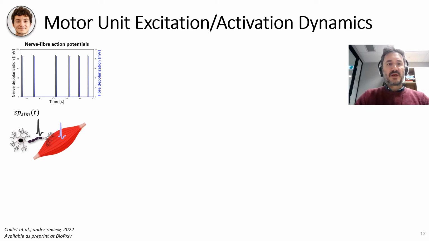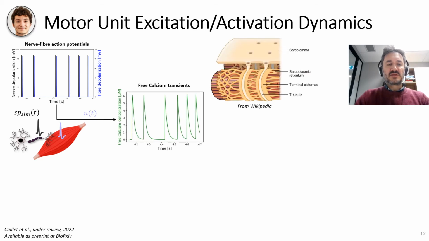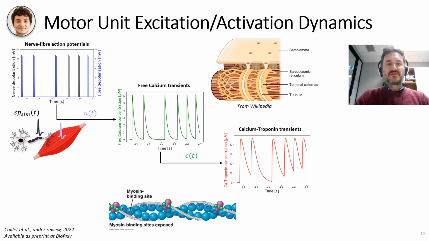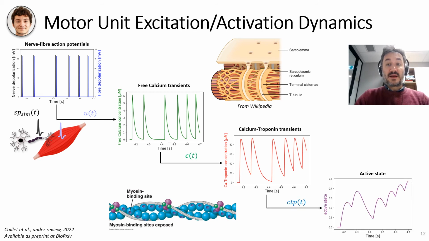First, we modeled the propagation of the action potentials both on the nerve and on the muscle, followed by the release of free calcium in the muscle fibers and the binding with troponin, which frees the myosin attachment sites. Finally, we computed an active state for each motor unit that we can use as controls for the 400 Hill-type models. It is worth noting that these are interconnected models where the output of one step is the input of the following one.